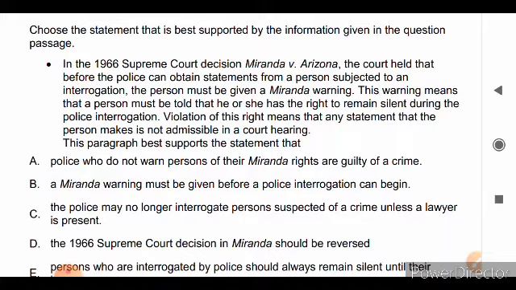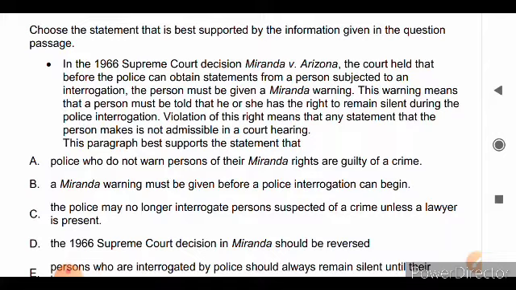This warning means that a person must be told that he or she has the right to remain silent during the police interrogation.